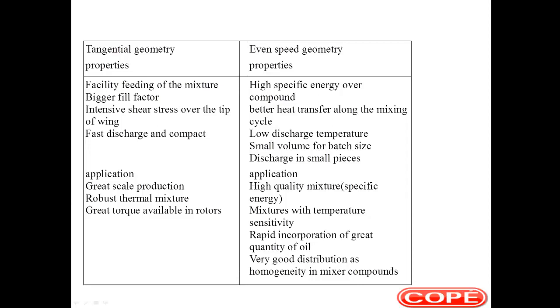Tangential mixers are more used in the tire industry because they are robust thermal mixers for great scale production. Even speed are bigger machines, so they are more expensive, but the temperature is low. This is for a low desired temperature and a high quality mixer. That means more specific energy.